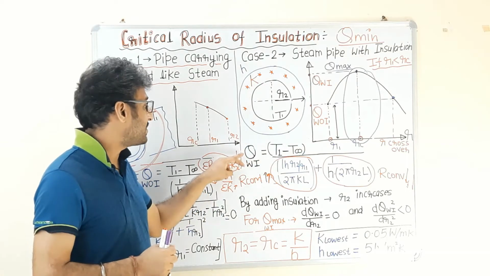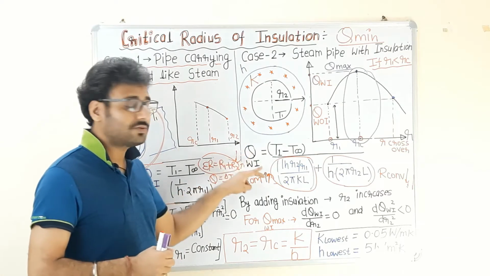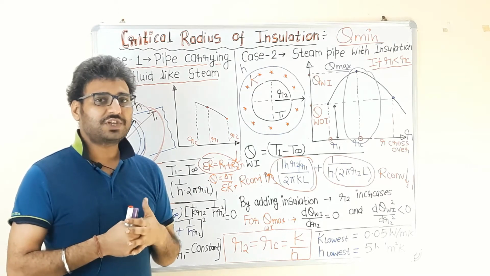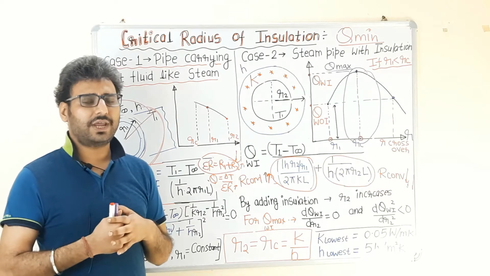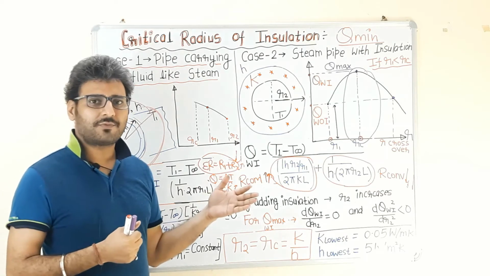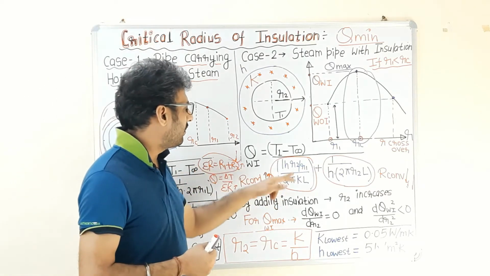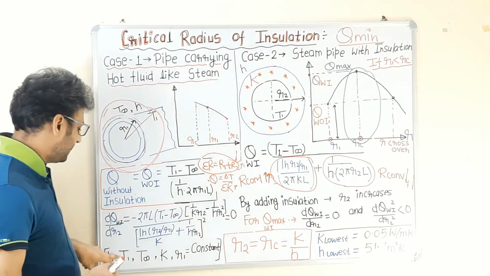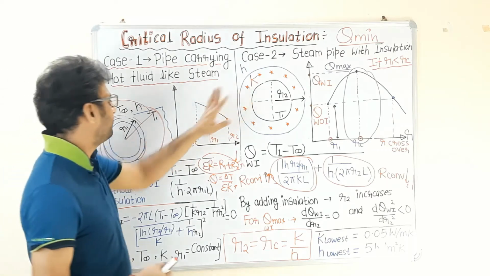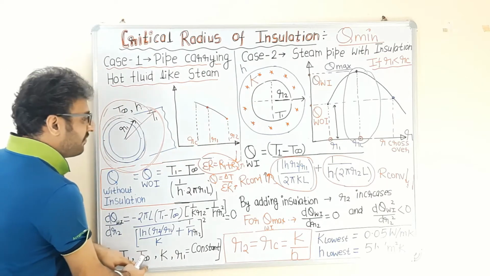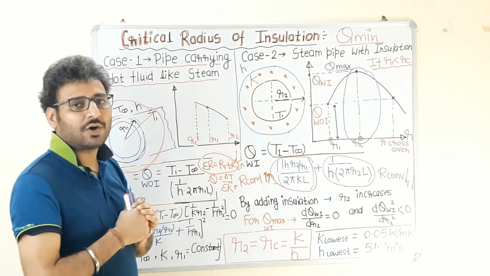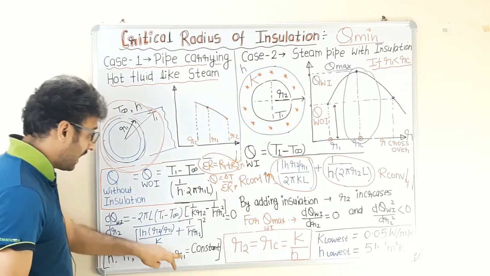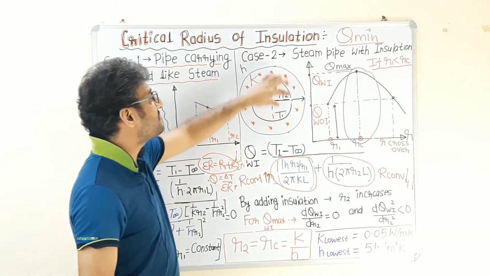From the expression of the heat transfer rate with insulation, we can see that we are given a system for which we need to minimize the heat transfer rate. So for a given system, these values are constant: length of the pipe, heat transfer coefficient, temperature of the steam pipe T1, T infinity, the temperature of the surrounding in which our system is put, and R1, the radius of the steam pipe.